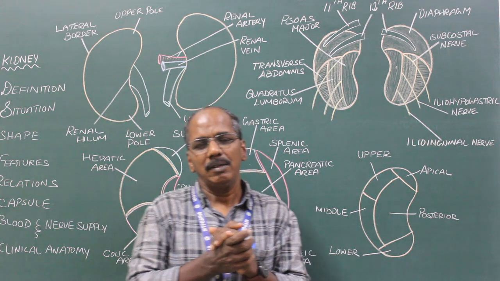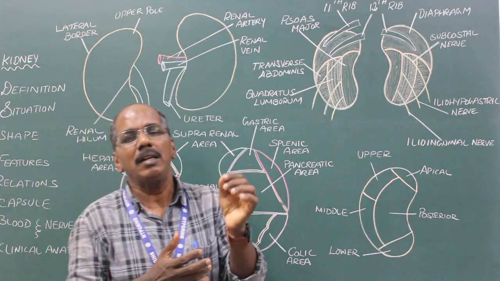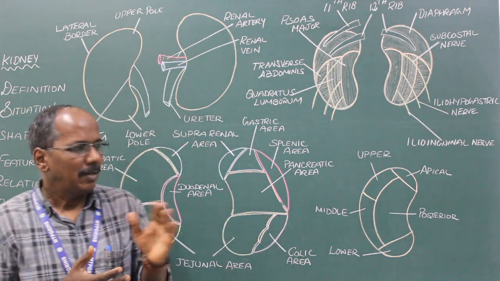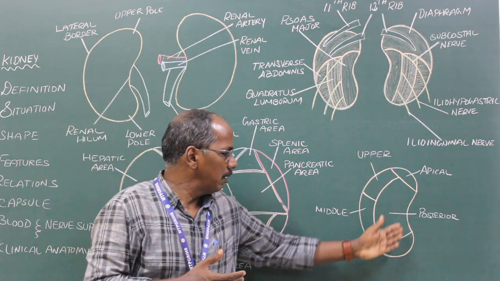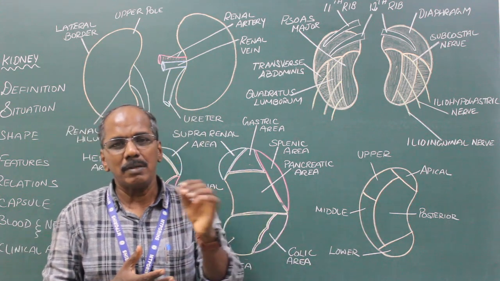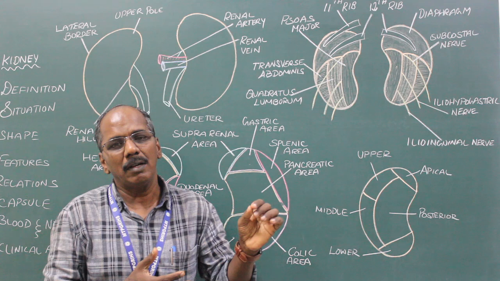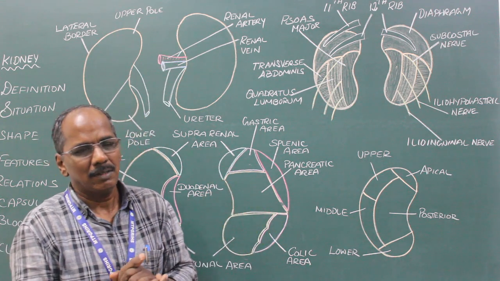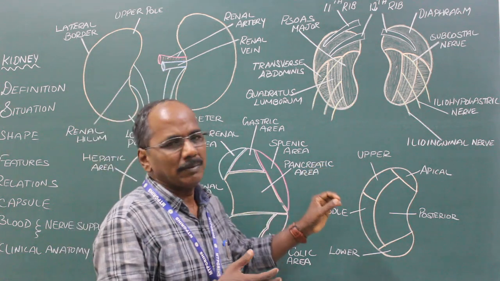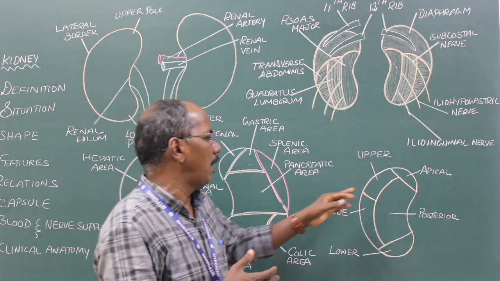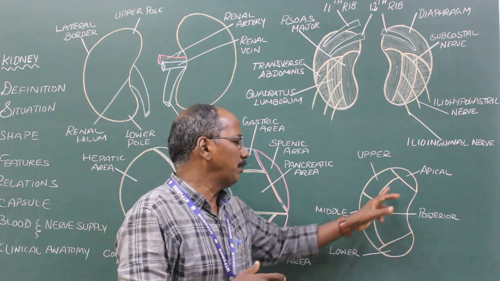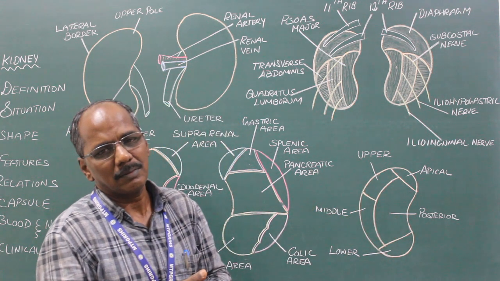Blood supply. The kidney is supplied by right and left renal arteries. The kidney is divided into 5 vascular segments based upon the distribution of branches from the renal arteries. The 5 arterial or vascular segments of the kidneys are apical, upper, middle, lower and posterior segments.